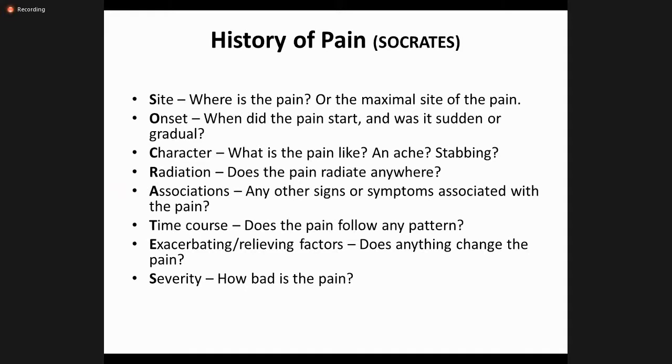does the pain follow any pattern? Some patients complain that the pain is continuous or occurs mostly in the morning or in the evening. And along with it, exacerbating or relieving factors: what are the factors due to which the pain relieves or exacerbates? Like some patients complain that the pain gets worse after lifting any heavy object, and it is relieved when the patient lies down or takes some kind of analgesics.